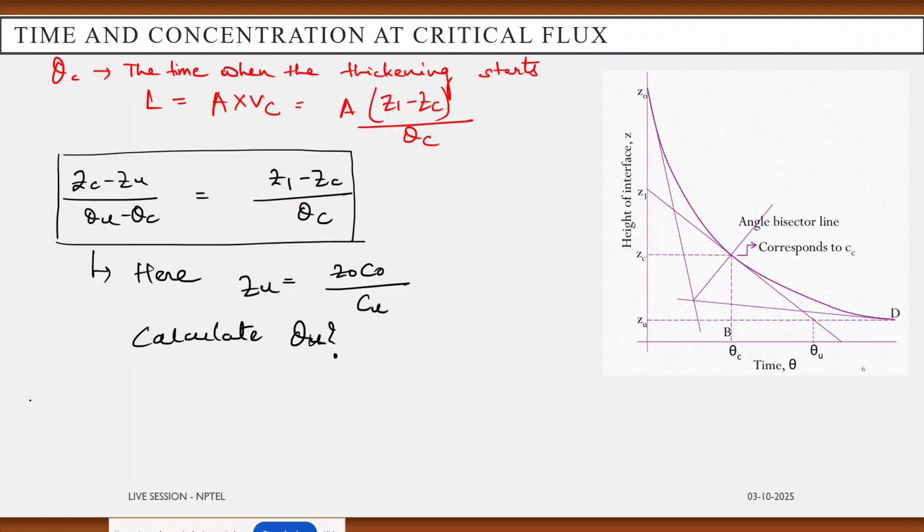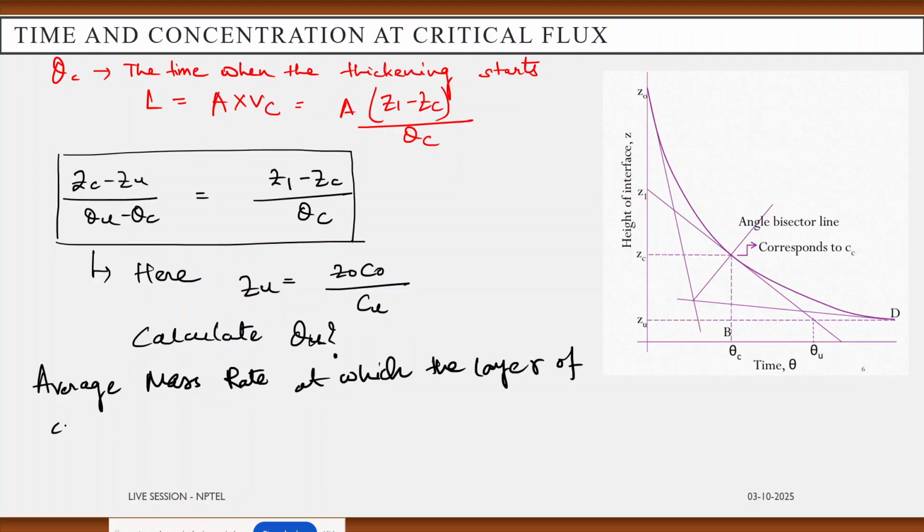Now for any kind of average mass rate, that rate will be ZU A by theta u.